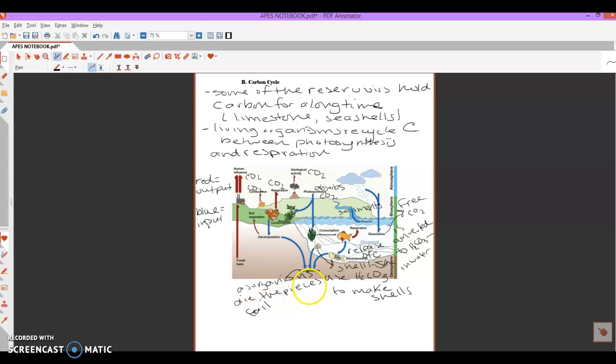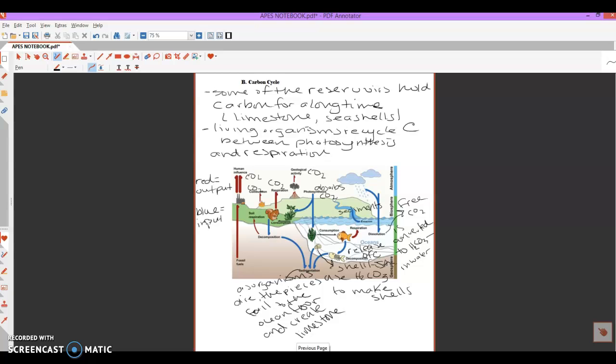So the pieces fall to the ocean floor. And create limestone. Okay, so limestone is a rock that is used a lot in the construction of buildings and whatnot. So it's a really important reservoir or storage of carbon as well.